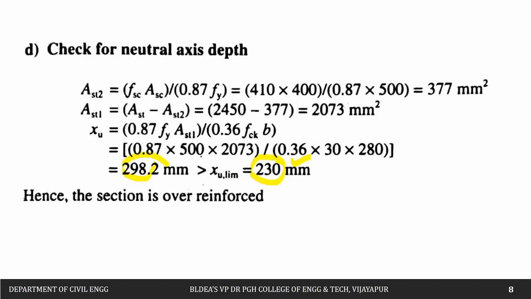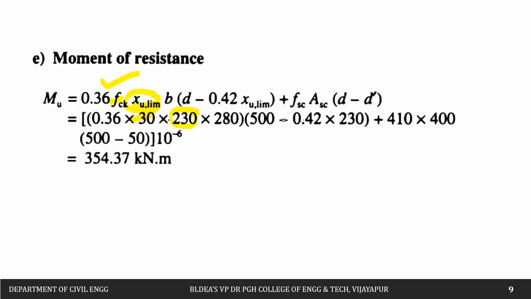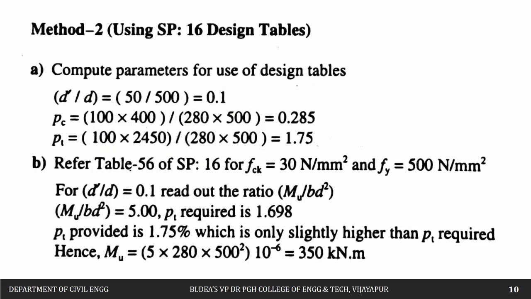But actually we got 298, and we cannot use this, as it would become an over-reinforced section, so we will use 230 mm itself. So 230, b is 280, d is 500, XU-lim is 230, FSC is 410, ASC is 400, and d minus d dash. If you simplify this, we will get the answer as 354.37 kilonewton meter. This is the moment resisting capacity of the section.